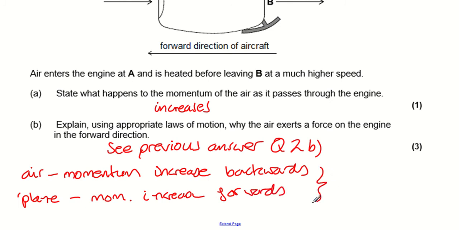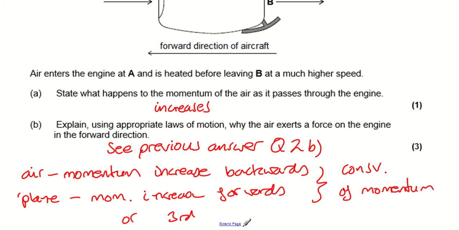And so you are again doing conservation of momentum. It's the same arguments that we had for the rocket, except that you just have to think instead that the air is increasing its velocity, so its momentum is increasing. Okay, and so that has to be balanced by an increase in momentum for the aircraft in the opposite direction. So you do conservation of momentum, or you can do third law as well.